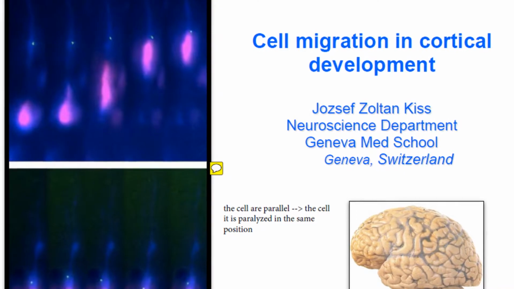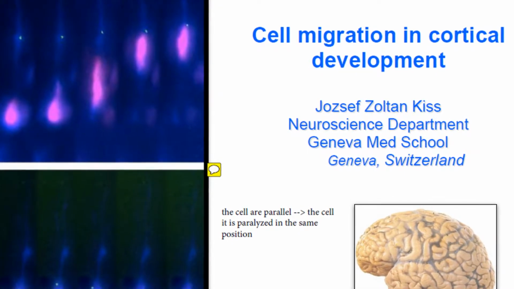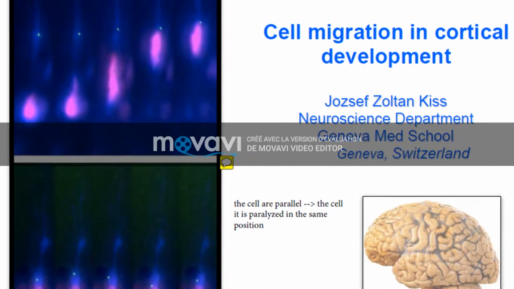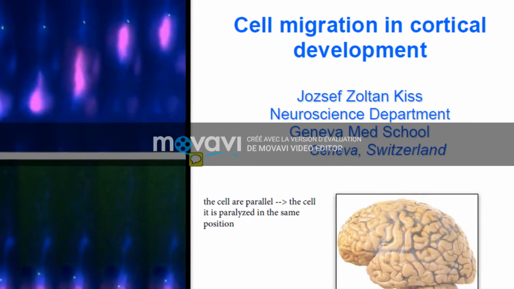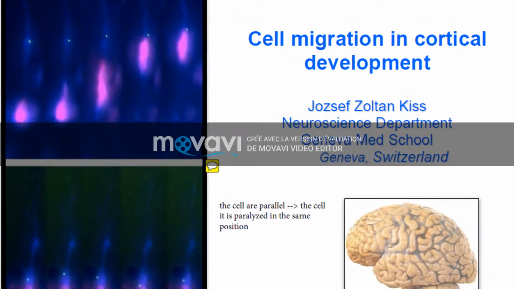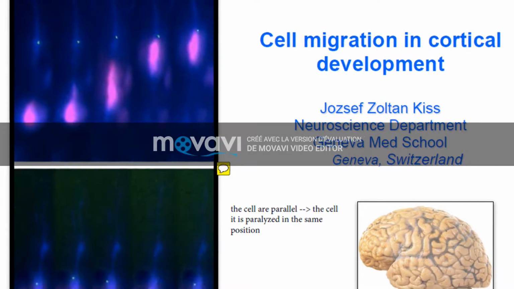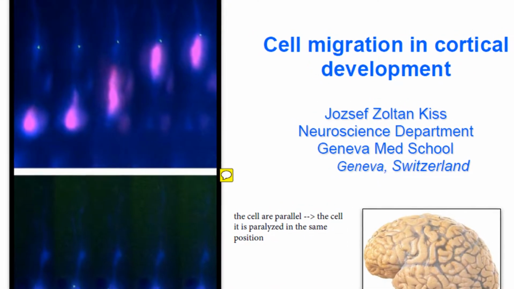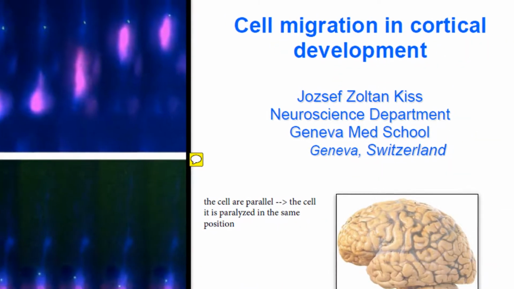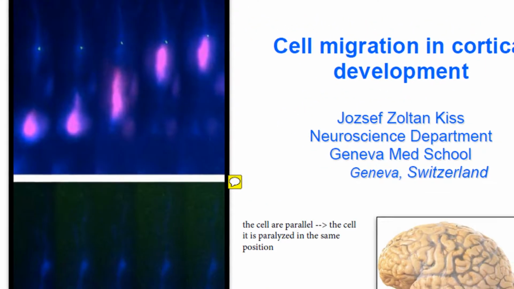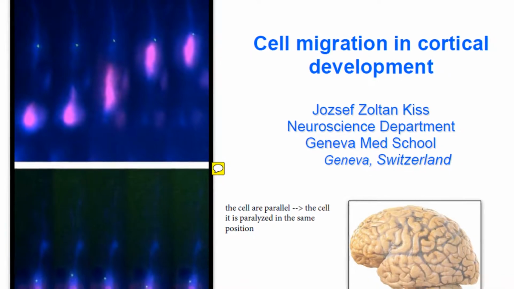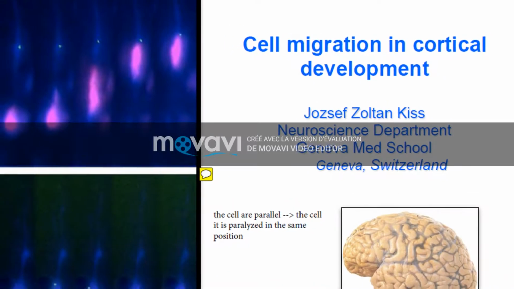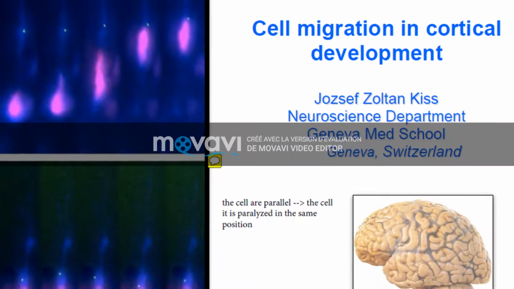So the maximum number of cortical neurons is reached during the first 5 months of our intrauterine life. And then this maximum number will just decrease further on. Okay, 5 months and we have all the cortical neurons.